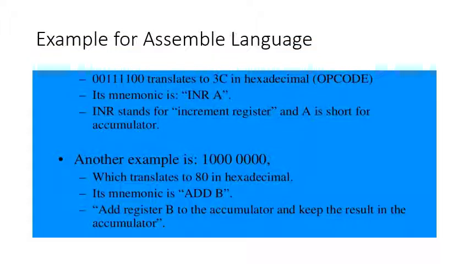Don't confuse with the mnemonics now, right? I have already told that we are going to see it in detail, right? So mnemonics is nothing but a user friendly representation of symbolic code, right?